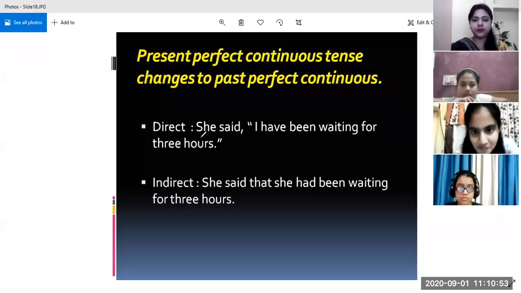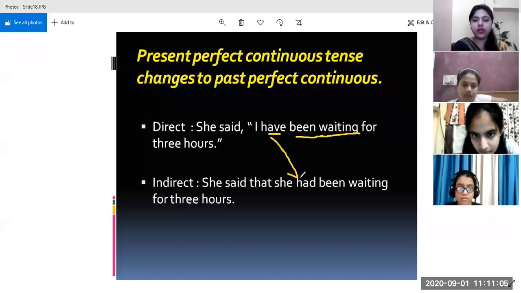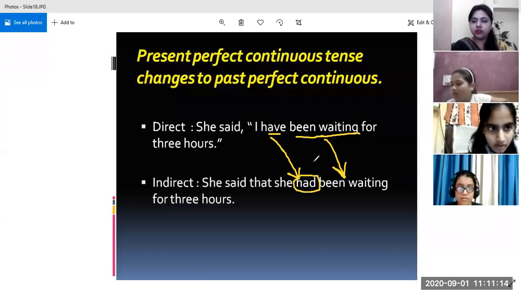This is what I meant when I said that present tenses get changed into their corresponding past tense. So she said, I have been waiting for 3 hours. Have denotes that it is in present, and been waiting denotes that it is in perfect continuous form. So now have will change into had, and been waiting will remain as it is. This is the only place where we have to bring out the change for the tense part.